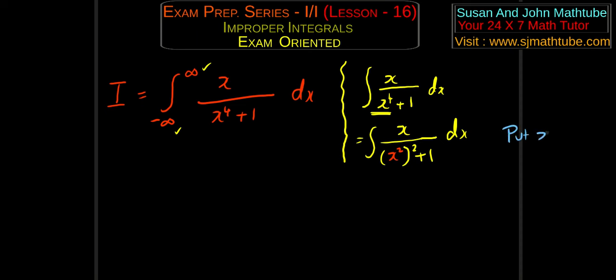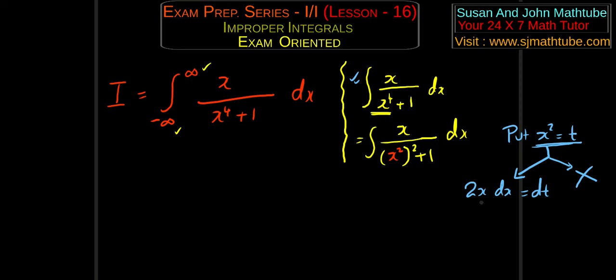If I put x square is equal to t, whenever you make a substitution, you remember the next thing to do is you have to change the limits if it is a definite integral. But currently this is not a definite integral, so we are not going to do that. And another thing you have to do in both is you have to find the differential. See, 2x dx equal to dt.